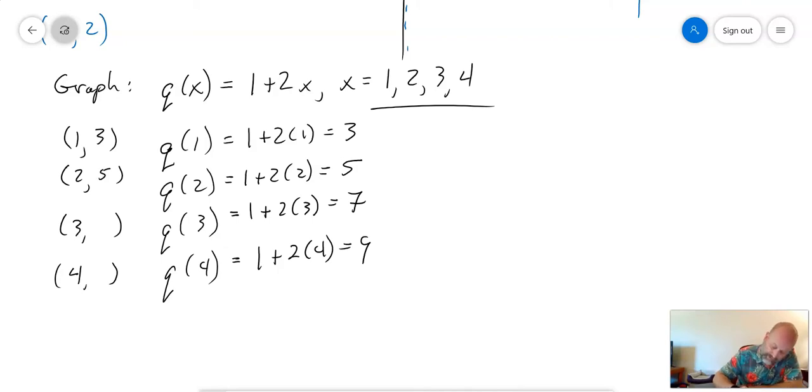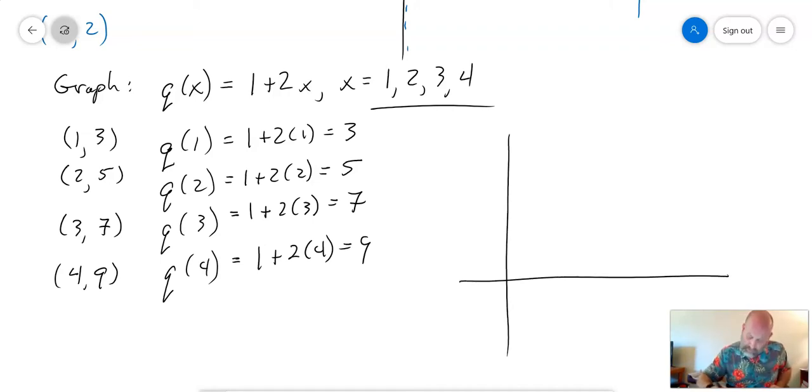So that means that these corresponding y values, oops, not 5. There we go. Now, if we're going to graph this, it's just a matter of getting those points on the graph, right? So we know our y values are 1, 2, 3, and 4.